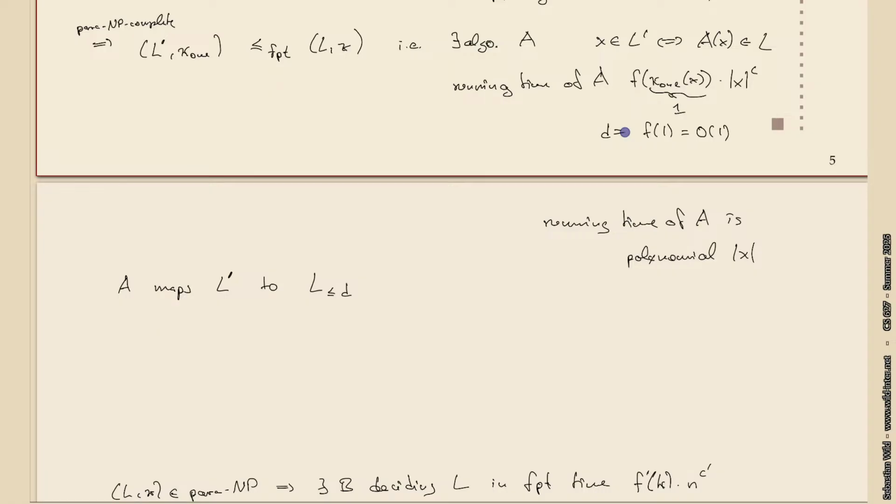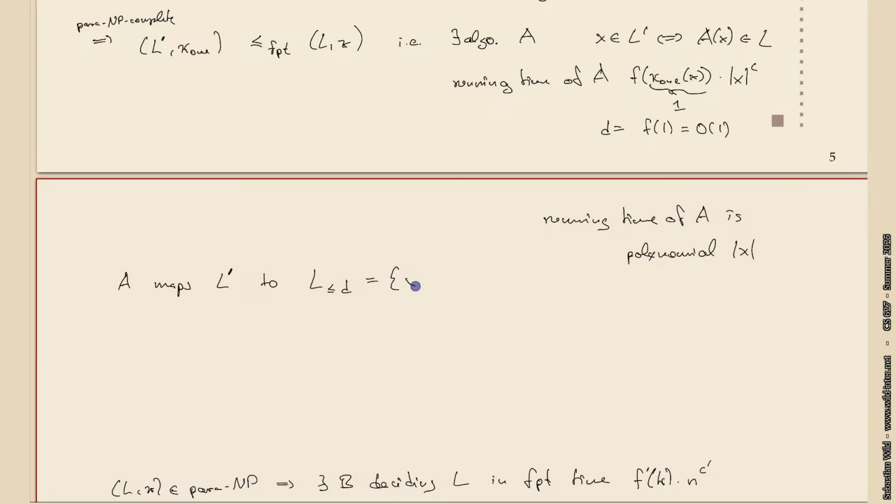That's exactly our unknown constant, but it's given by f of 1, some constant. That's the set of all inputs in L where the parameter is bounded by this constant. So A transforms this NP-hard language to this language, and it's a polynomial time reduction because its running time is polynomial in the input size, right?